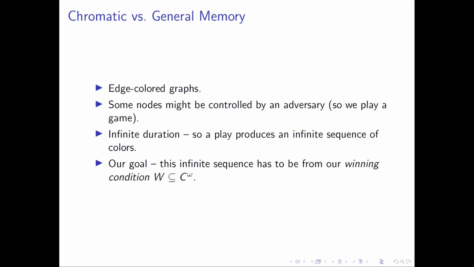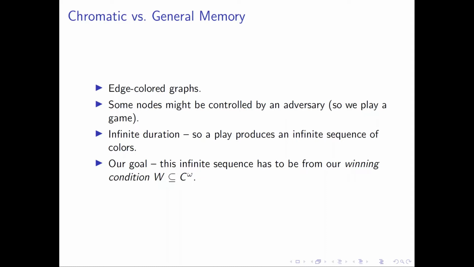So basically, we play a game against an adversary. And this game proceeds for infinitely many turns. So this gives us an infinite path in our graph. And we look at the sequence of colors along this infinite path. Our goals are specified by a winning condition W, which is just some set of infinite sequences of colors. And our goal is to ensure that the infinite sequence of colors produced by the play belongs to W.